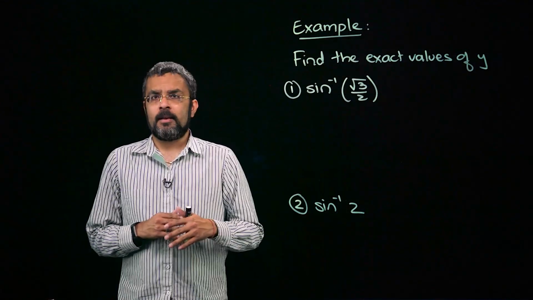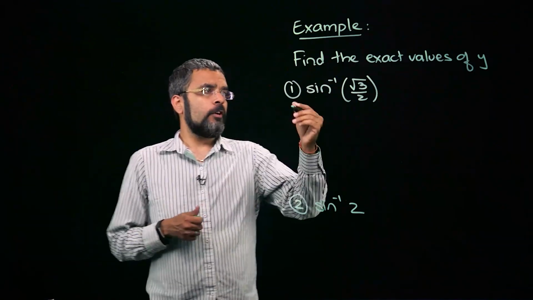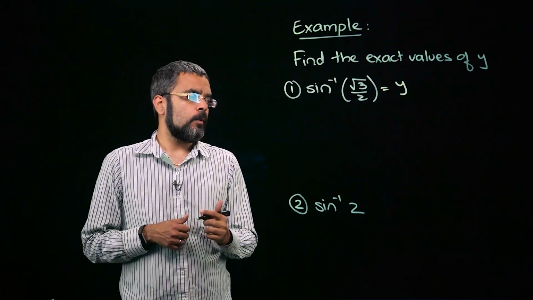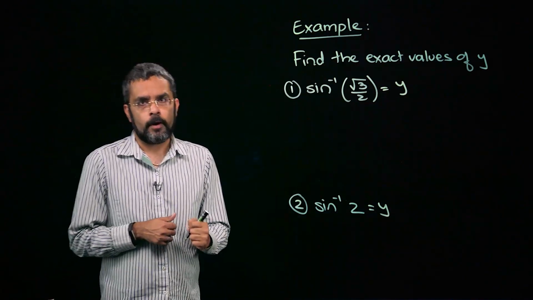Okay, so let's take an example here. We want to find the exact values of y. The first one is sine inverse of √3/2 equals y, and the second one is sine inverse of 2 equal to y.